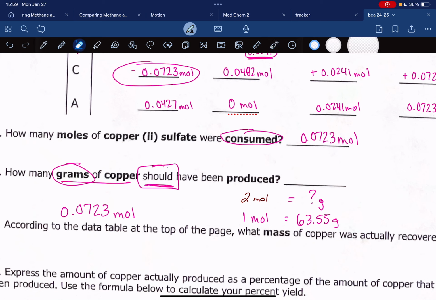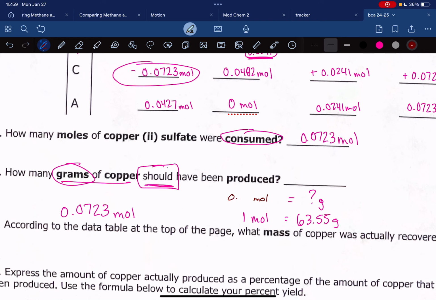Okay, let's try something else. What if instead of 2 moles, we had 10 moles? How would you calculate that? Yeah, you would just do 63.55 times 10. Okay, so far it seems like if you just multiply the number of moles by 63.55, it'll work.